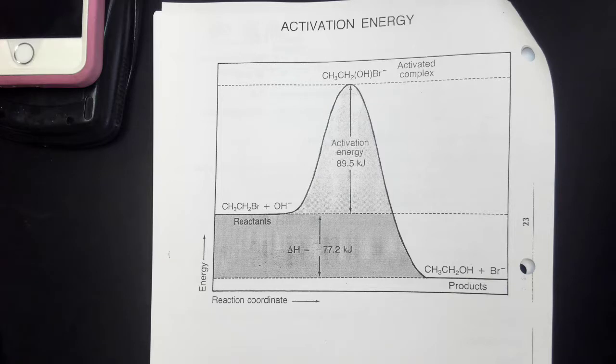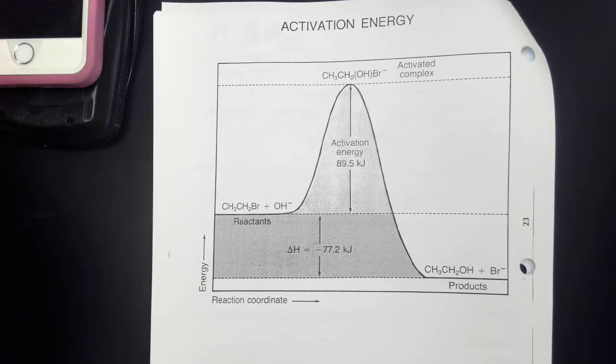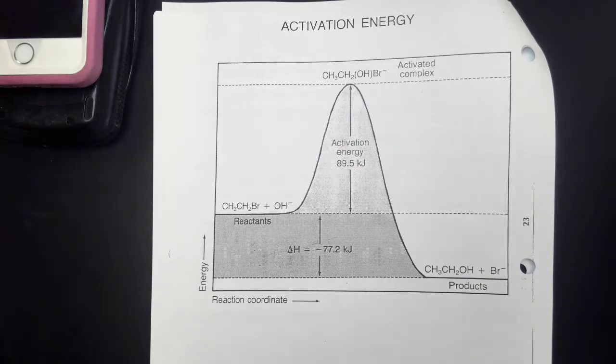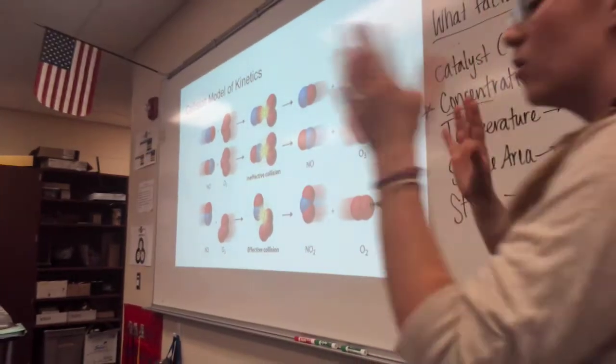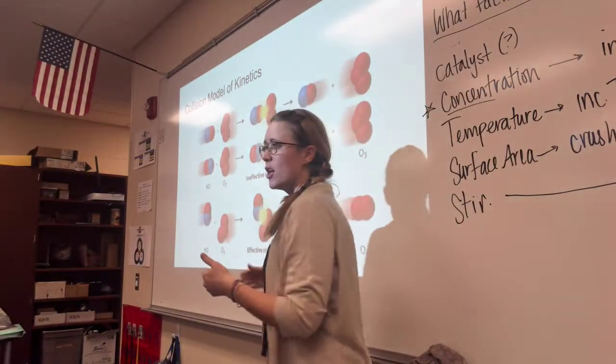It's based off of the collision theory of chemistry. The collision model of kinetics. So kinetics is a study of rate. It just explains how things happen. So here's a model that's trying to communicate that.